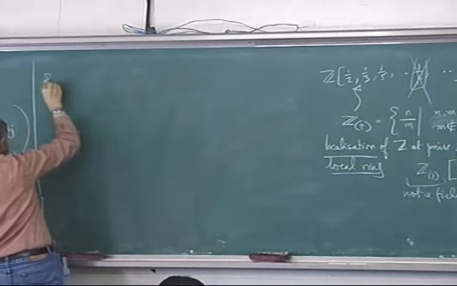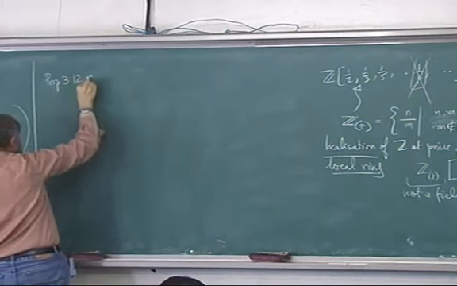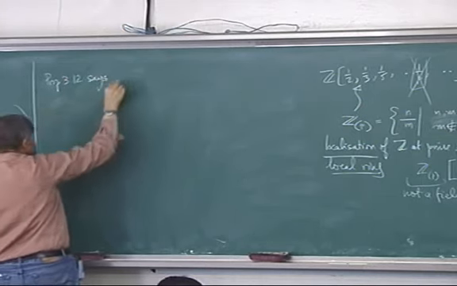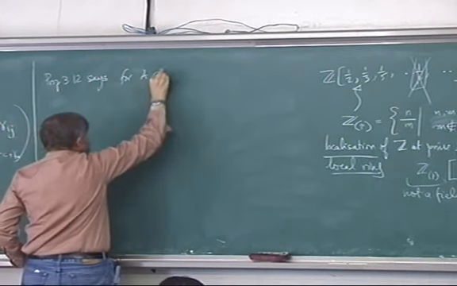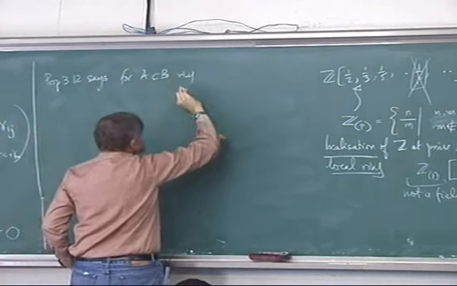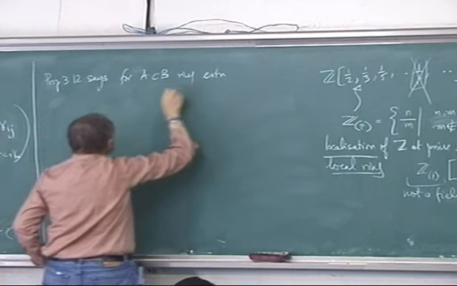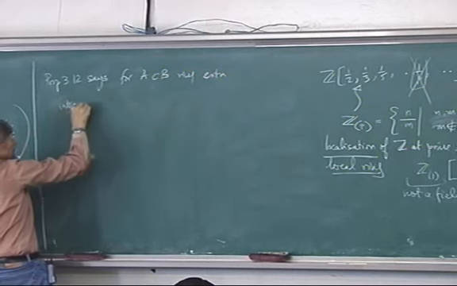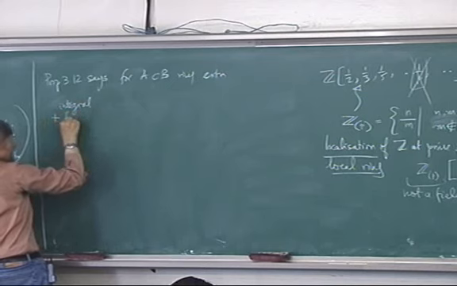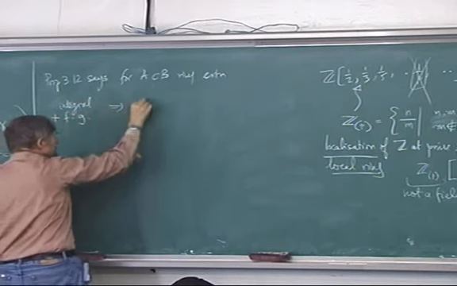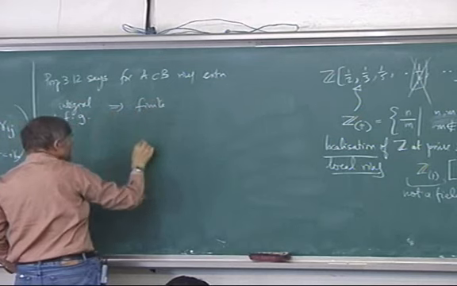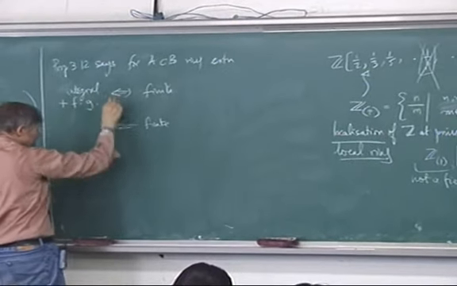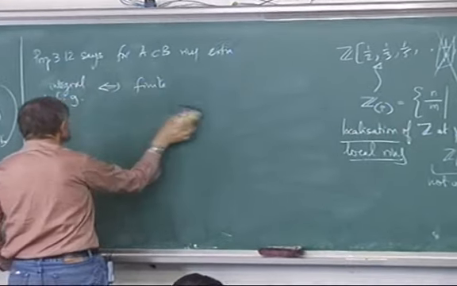So proposition 3.12 says that for A and B a ring extension, integral plus finitely generated implies finite, and finite implies integral, which I can just write in general.